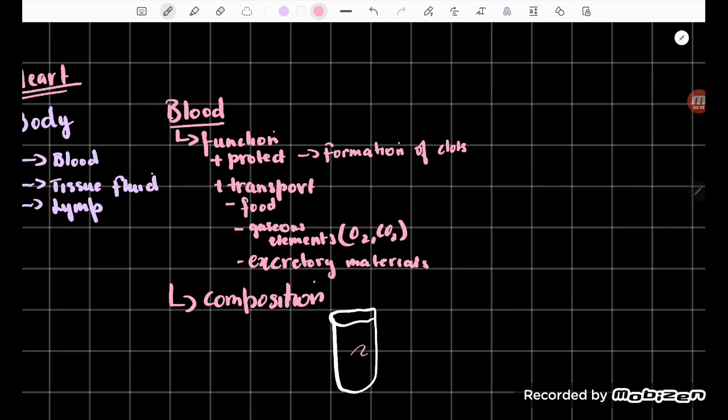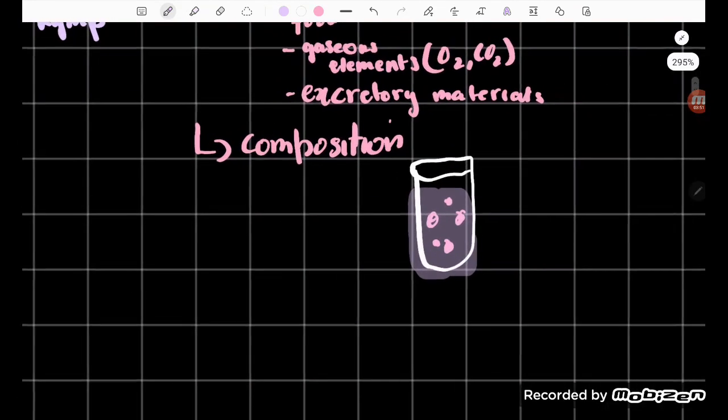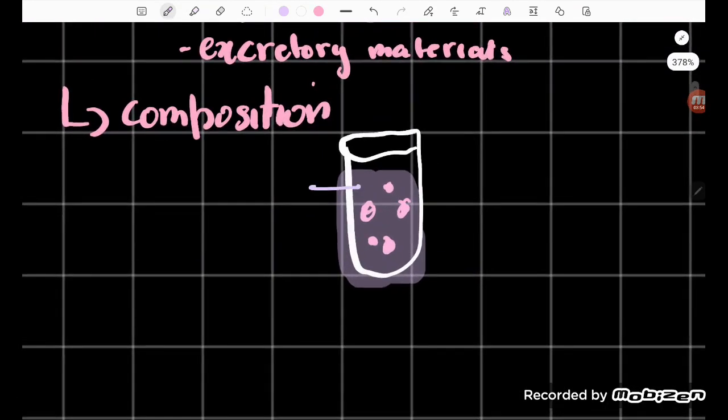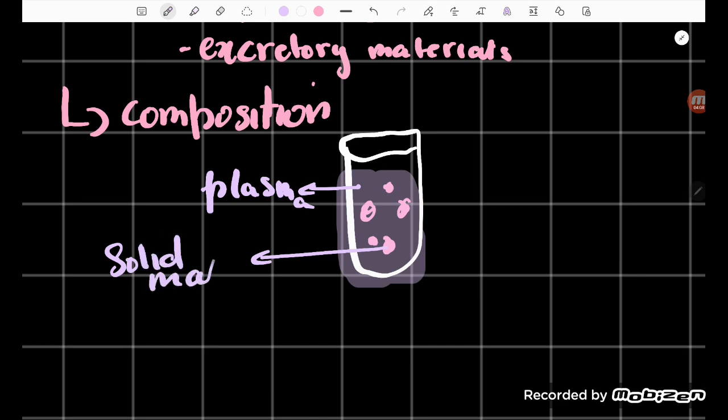Blood is mainly composed of red blood cells and another layer called the plasma. So it's made up of plasma and the solid matter, or the cellular elements.